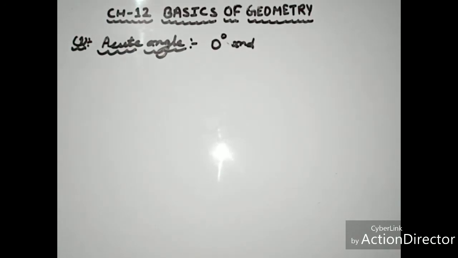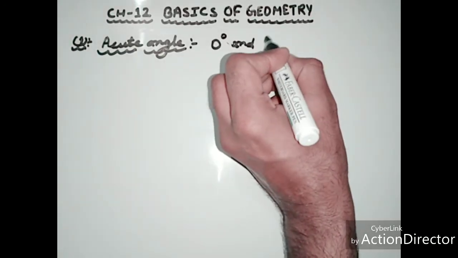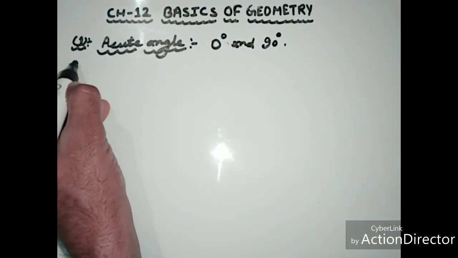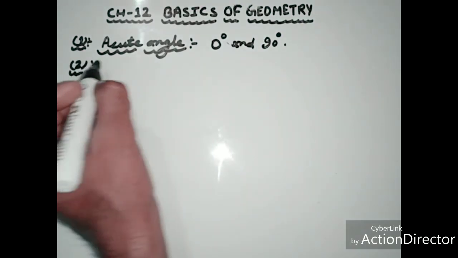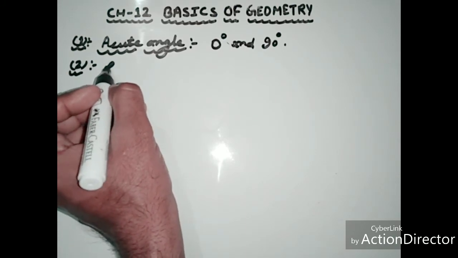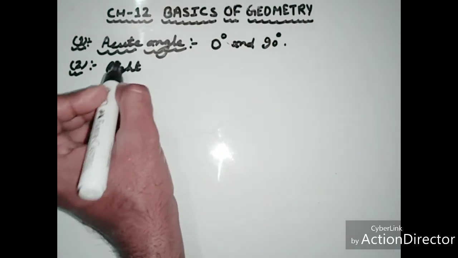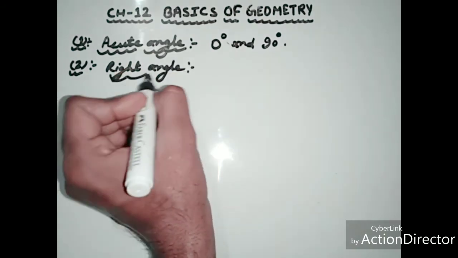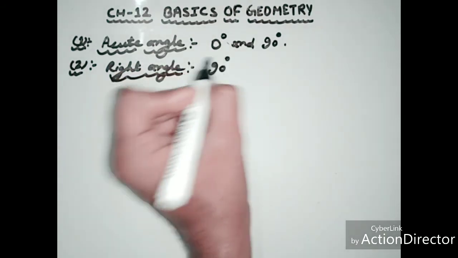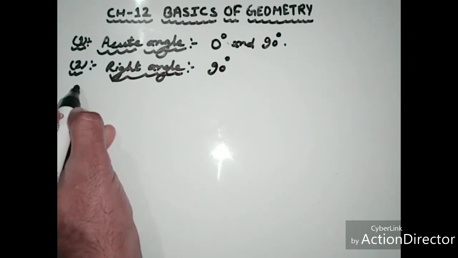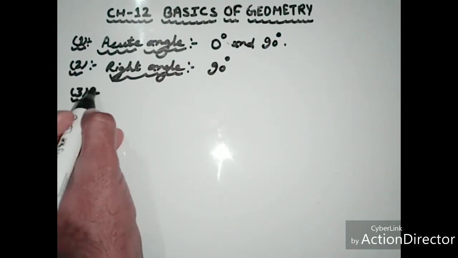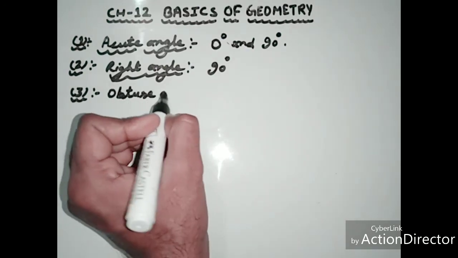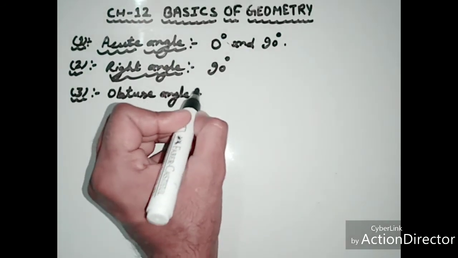An acute angle is formed between 0 and 90 degrees. Now second, right angle. A 90 degree angle is known as a right angle. Now third, obtuse angle.